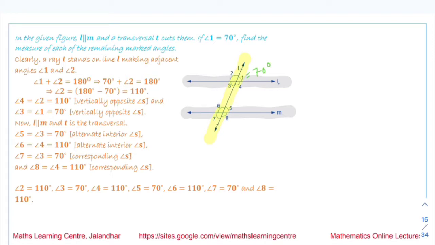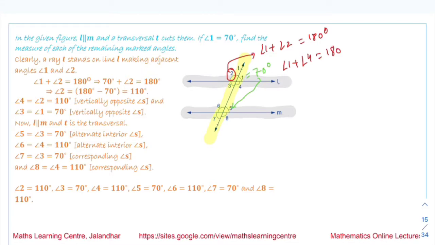So if this angle is 70 degrees, this will be equal to angle 5, because these two angles are corresponding angles. So the value of angle 5 is also 70 degrees. Now if angle 1 is 70 degrees, then angle 1 plus angle 2 is 180 degrees, and angle 1 plus angle 4 is 180 degrees.